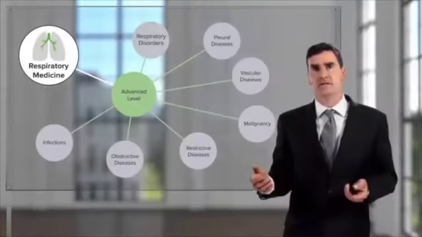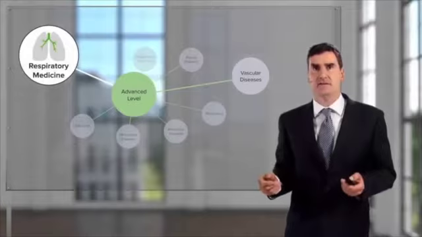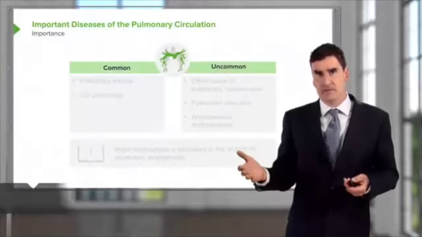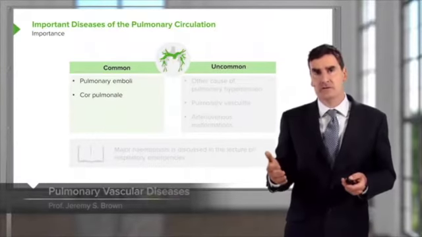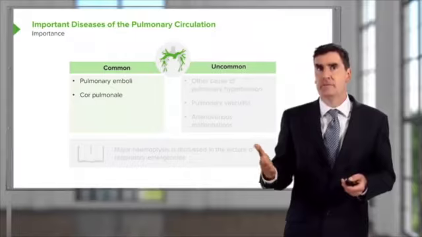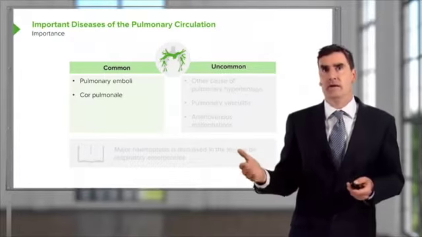The subject of this lecture is pulmonary vascular diseases. Pulmonary circulation problems are very important. In particular, pulmonary emboli and coronary are both very common conditions which many patients will present with and you need to know about.